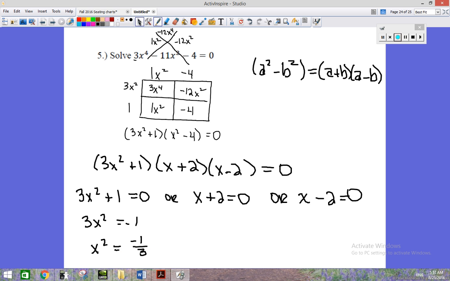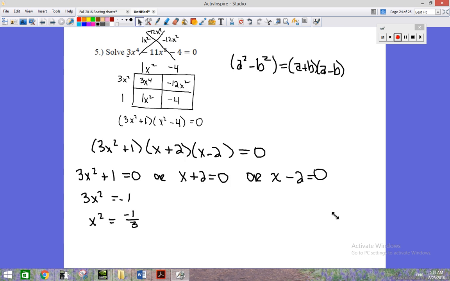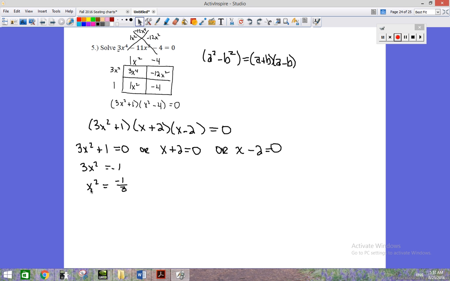We stop and think, well, wait a minute. x squared means x times x. You're taking a number and multiplying it by itself. So if we had some negative number, negative times negative would be positive. And if we had a positive number and you multiply it by itself, you're going to get positive. So we say that this equation has no real solution.